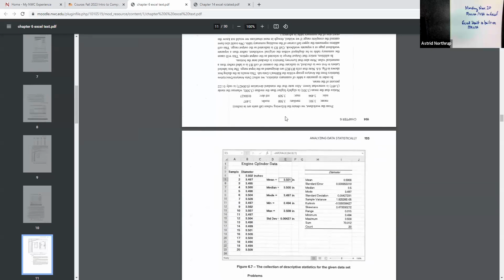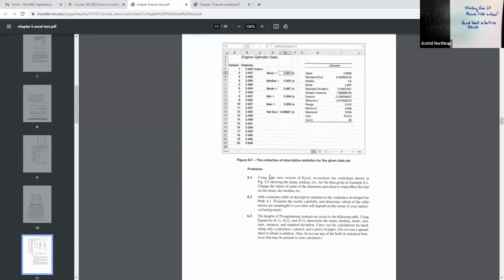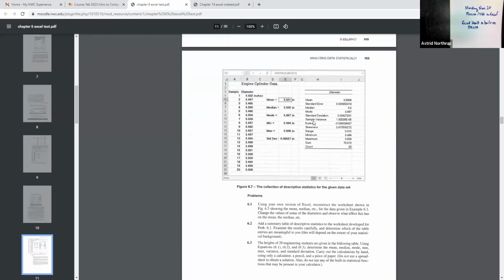Yeah, it's all about data, right? So problem 6, add a summary table of descriptive statistics. What descriptive statistics means are mode, median, mean, standard deviation. So what they're asking you to do is, can you see page 155 up on your screen? Yes.